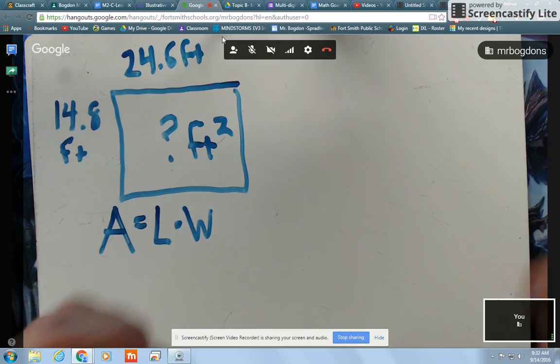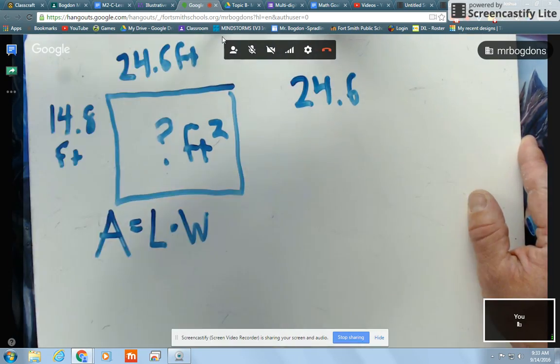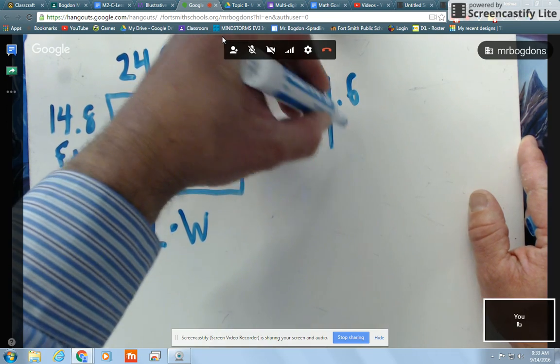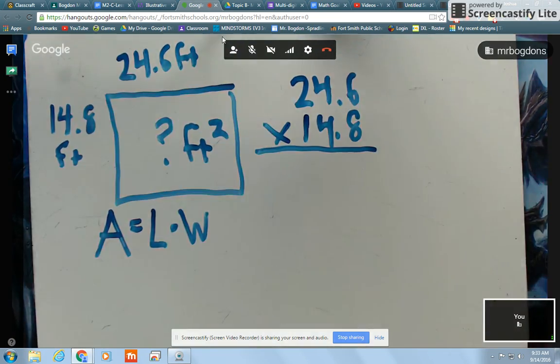Okay, so now I have to multiply 24 and 6/10 times 14 and 8/10. I have two decimal numbers. They're being multiplied. Does it really matter if the decimals line up? No, it doesn't. I'm not adding or subtracting. But I do like multiplying with whole numbers, not decimals.